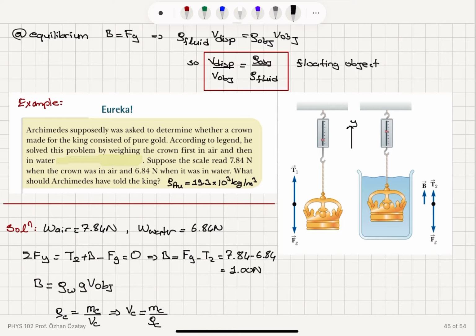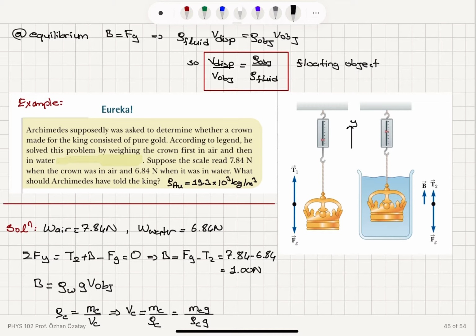And if it is gold, it would be 19.3 times 10 to the 3. And if I multiply top and bottom with g, this would be the weight of the crown divided by the density of the crown times g.